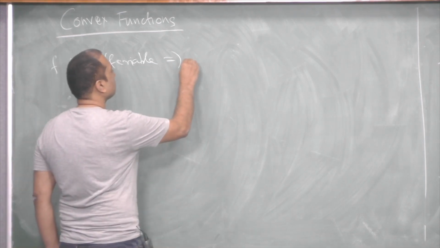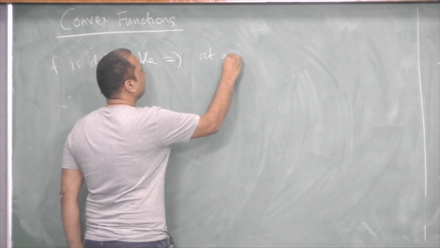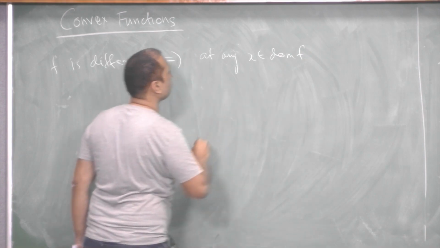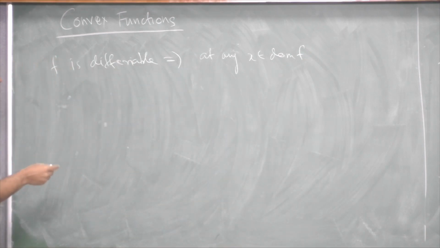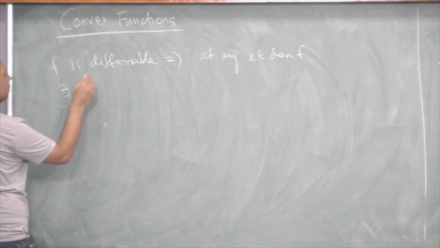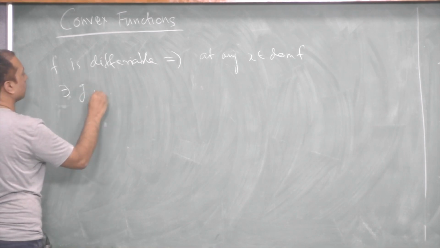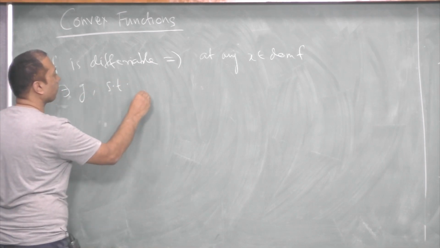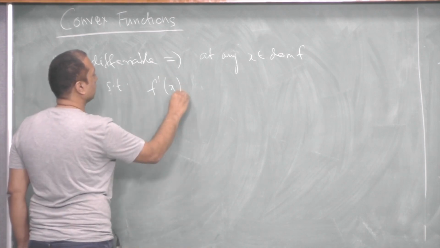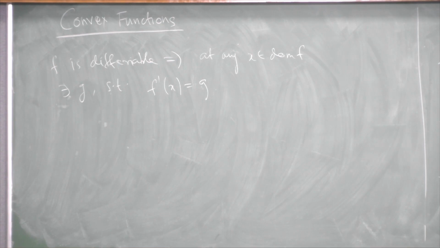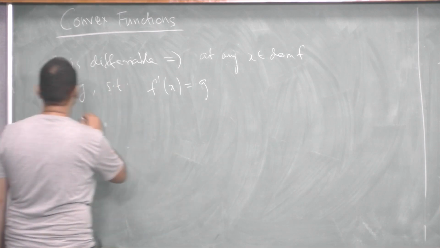So then this implies that at any x in the domain of f, there exists a number, let us say g, such that f prime of x is g. Okay, the slope is g. And not just that, this g is unique.